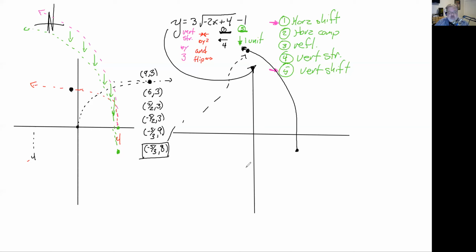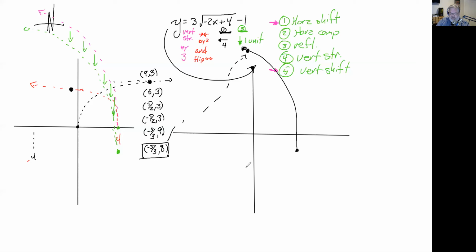So play with this. A lot of you have already started playing with this, and that's great. Maybe this helped. Oftentimes the compressions and the stretches can be a little strange, particularly the compressions happening backwards on the inside. If it helps, you really can think about both the horizontal shifts and horizontal compressions as happening to the world the function is in.